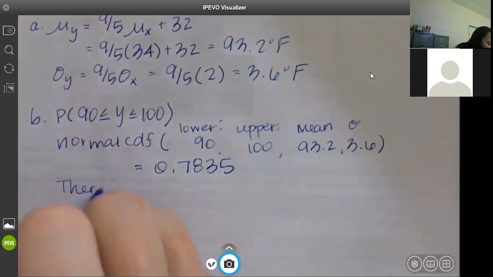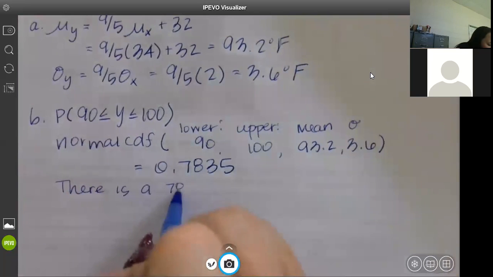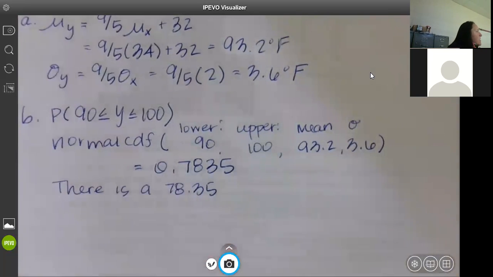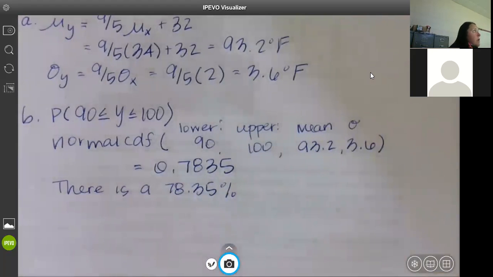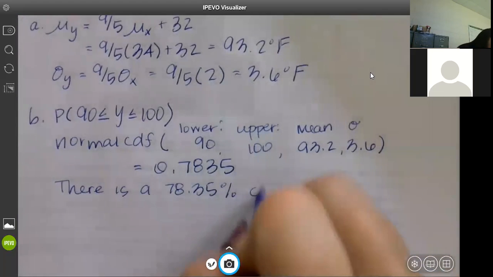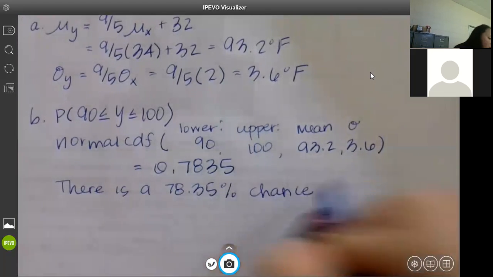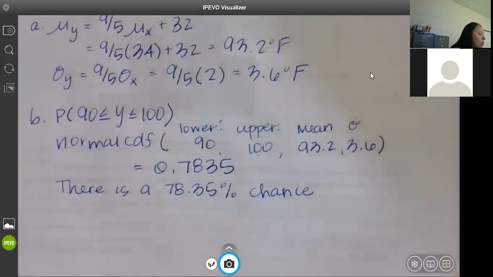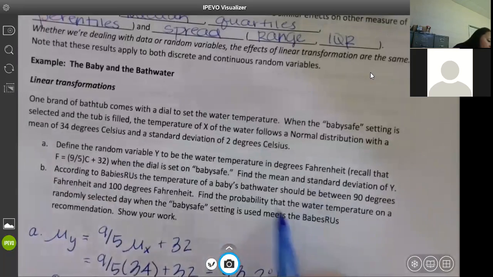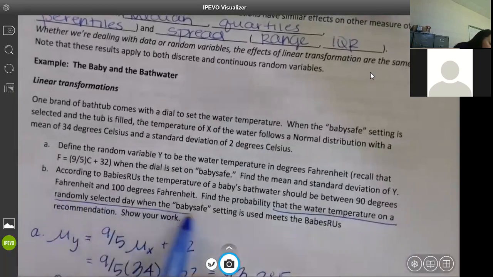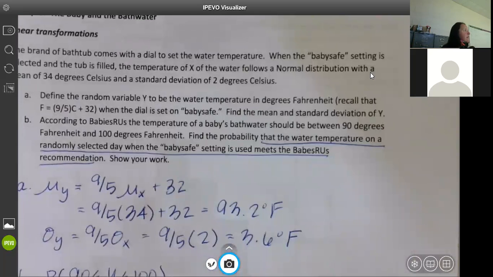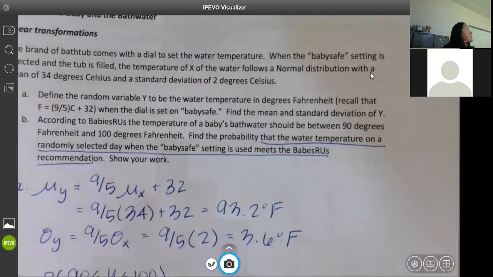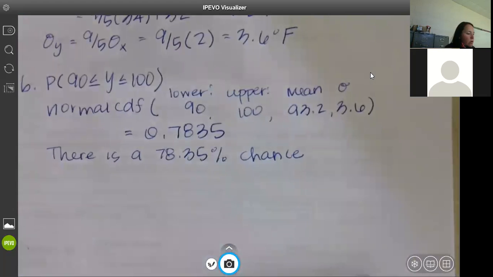There is a 78.35 percent chance. They say about a 78% chance. I'm happy with the full decimals. That makes me know that you did it right, that you're not rounding wrong. And then what were we trying to find? It already tells you what probability we were doing. That whole context right there, it tells you in the problem exactly what to write. So don't get so confused about what to write.